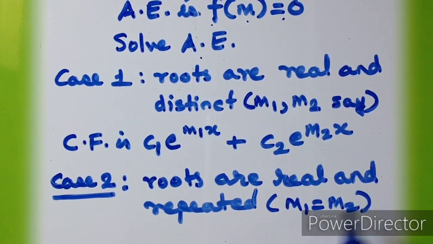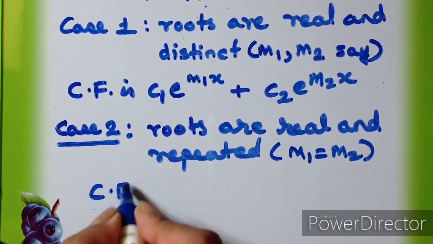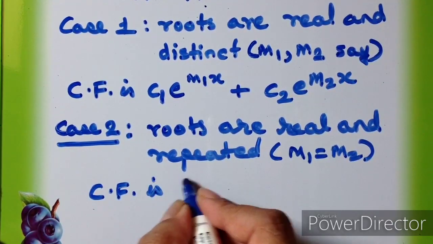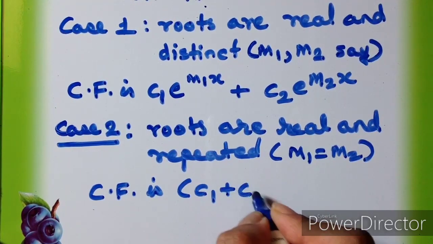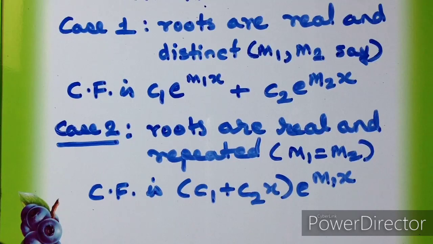So roots are real and they are repeated. In this case you can write the CF. CF is c1 plus c2x into e raised to m1x. That is the case when the roots are real and they are repeated.